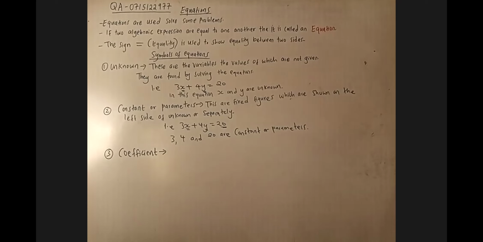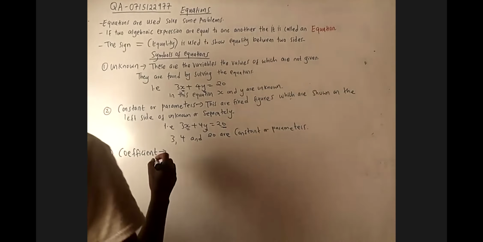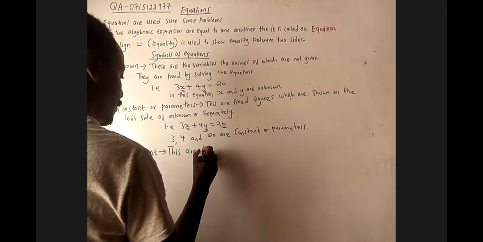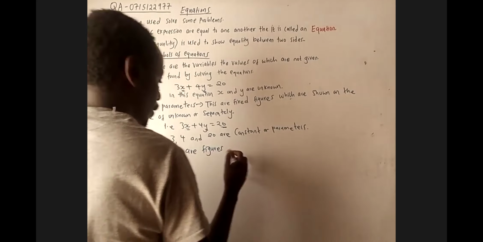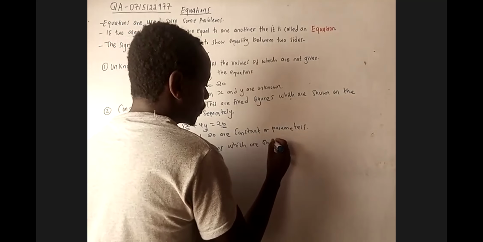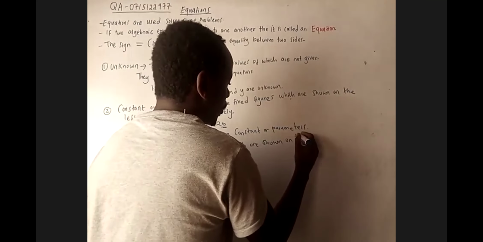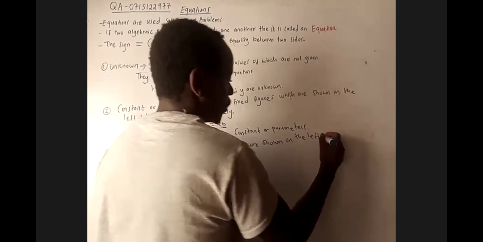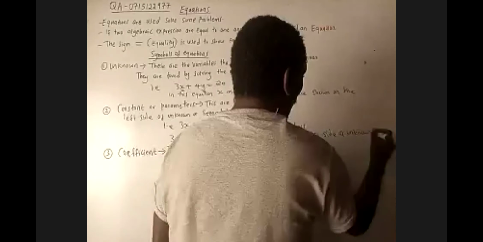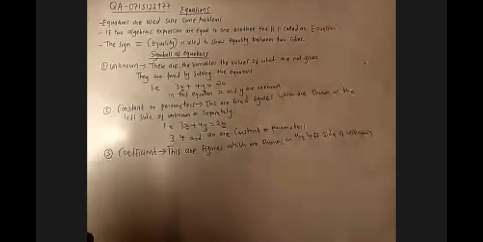Coefficient: these are those figures which are shown on the left side of an unknown, separately only.